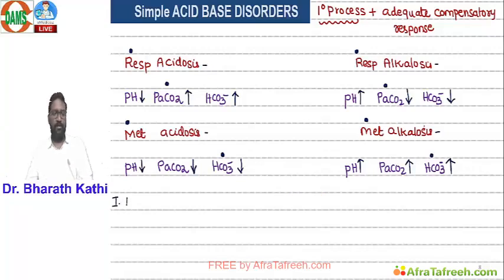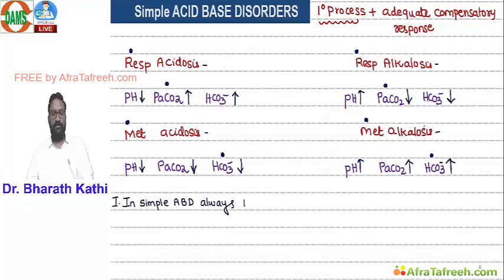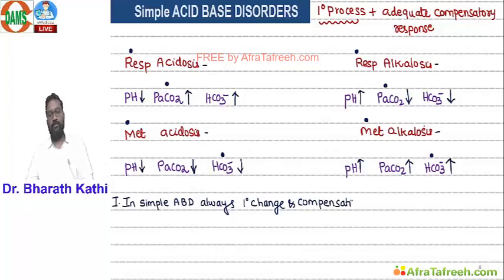To understand this better, there are three important rules. Rule number 1. In a simple acid-base disorder, the primary change and compensation will always move together.